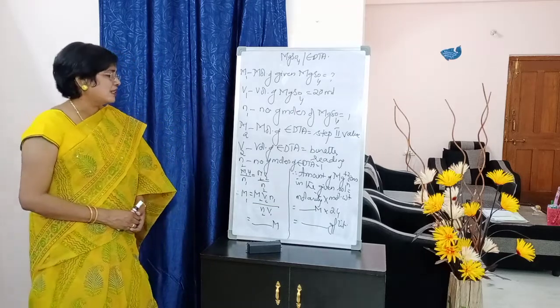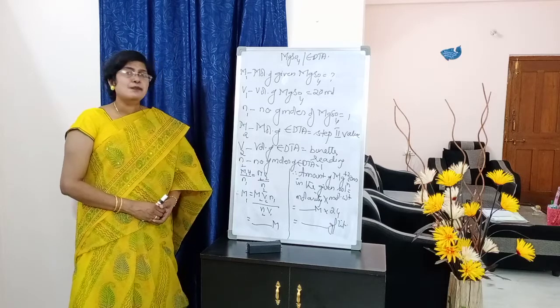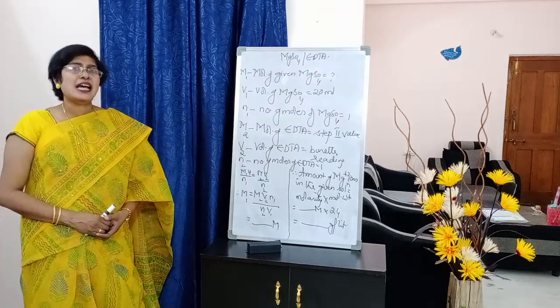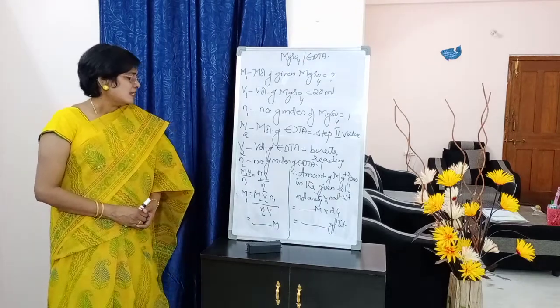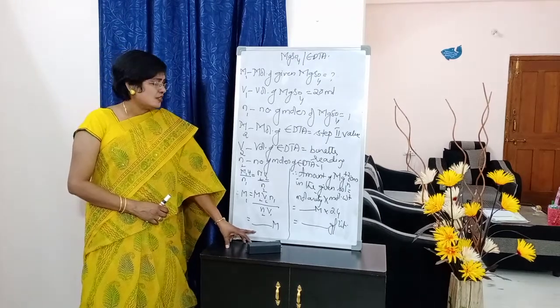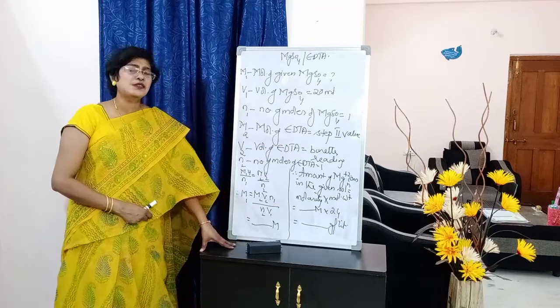Okay, students. So, at the end, the amount of Mg2+ ions present in the given solution will be equal to molarity into molecular weight. Okay. So, molarity what? The value which you get here, that value you will substitute there. So, molarity into 24.